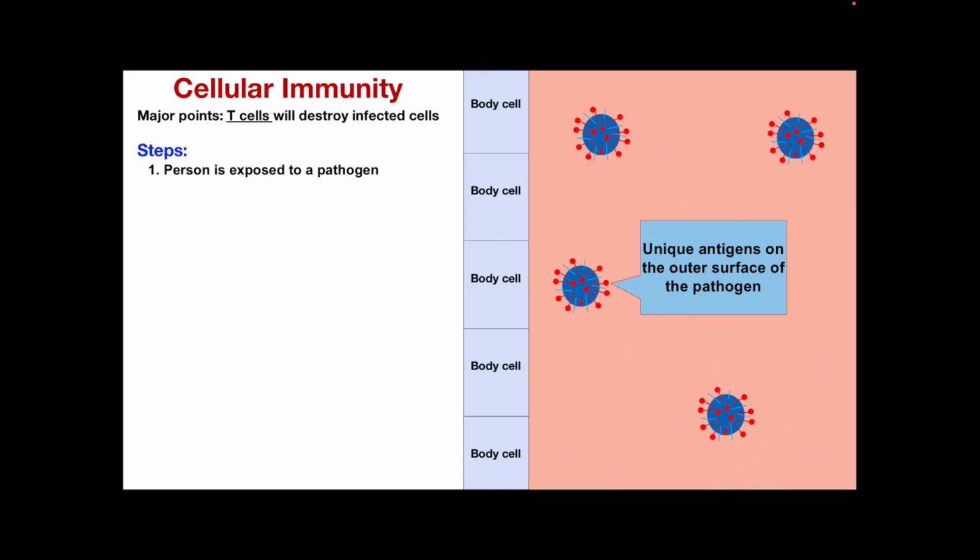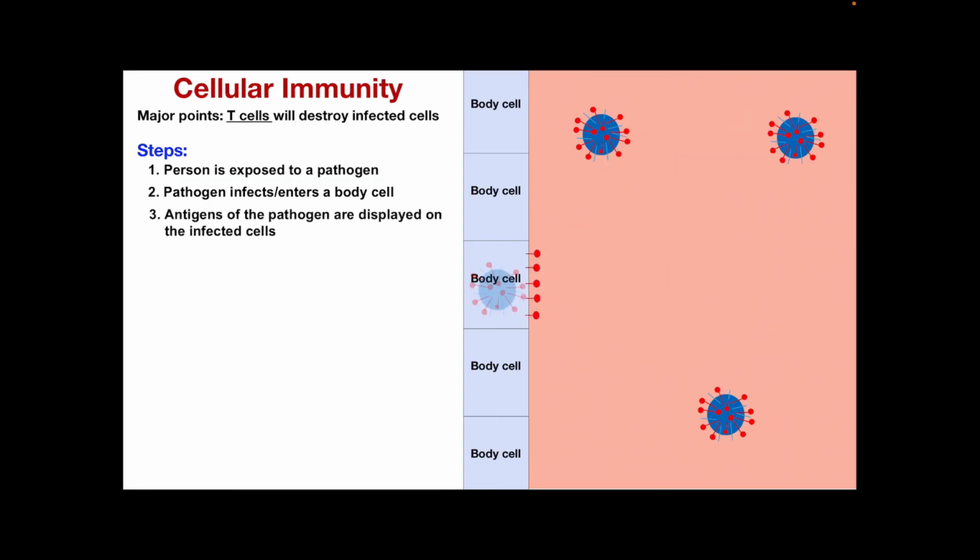What will happen next is that the pathogen will infect or enter the body cells. Remember, cellular immunity is the major defense against intracellular pathogens. After entering the cell, the antigens on the pathogens are displayed on the outside of the infected cells of the body, just like this.